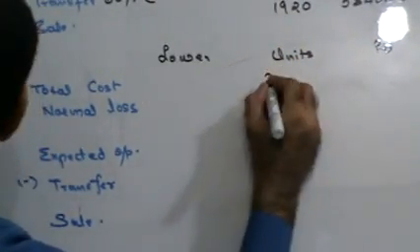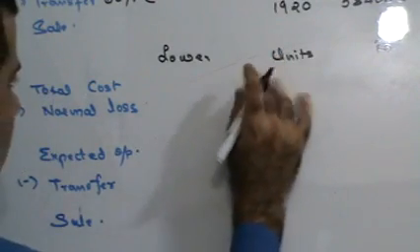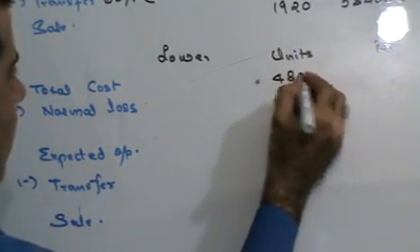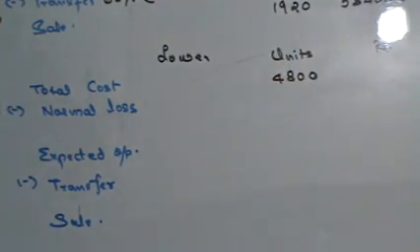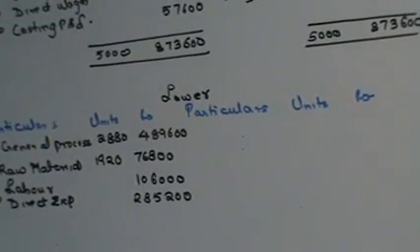Lower process units and rupees will give you 4,800 units. Now, if I add all the expenses, that is 4,89,600, 76,800, 1,06,000 and 2,85,200, I'll get 9,57,600.